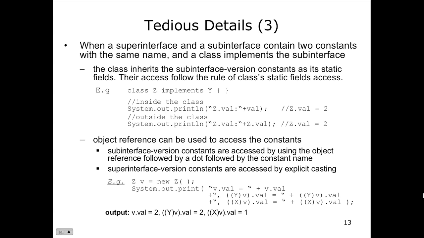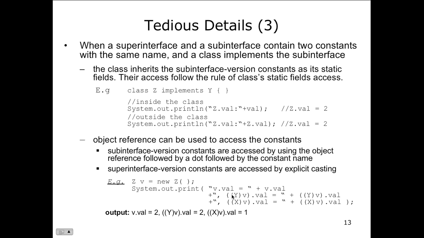An object reference can be used to access the constants. The sub-interface version constants are accessed by using the object reference in the dot notation with the constant's name. As we saw in the previous example, the super version is accessed by explicitly casting. So here's an example. We have Z v equals new Z. We created a Z, calling it v, but it's a Z. System.out v.value prints it to the screen.